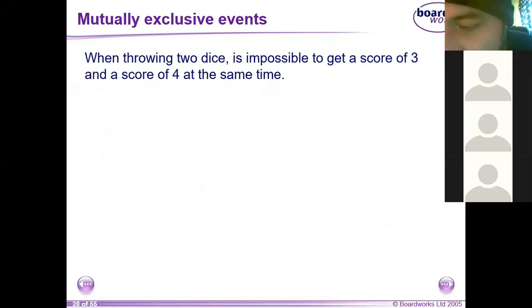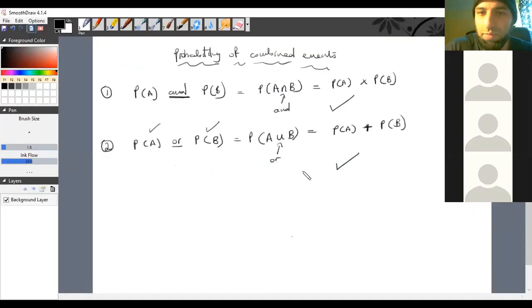The mutually exclusive event. So underneath that formula, write down a subheading, mutually exclusive events, what you can see on here. I'm going to write this definition I want you guys to copy. So you've written your title.